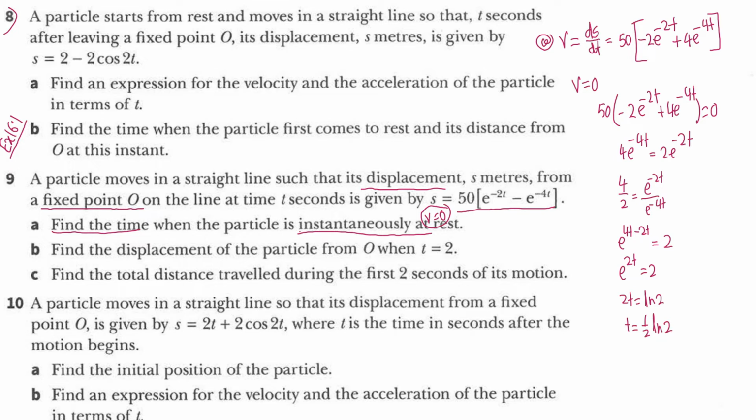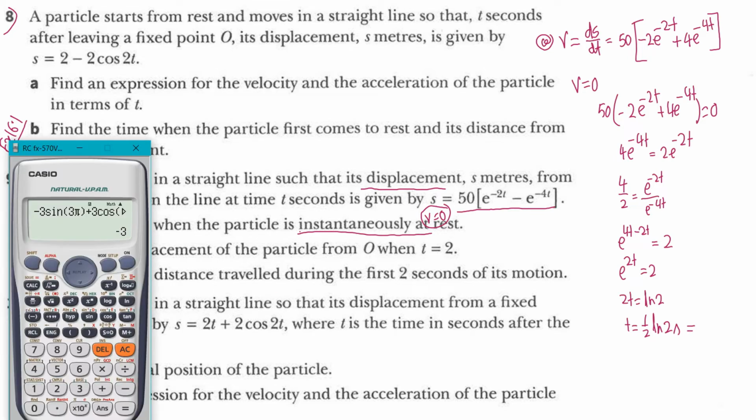This is our answer in exact form. The question is to find the time, so you can write it in decimal if you want. Let's see what the decimal value is. Press half, or 0.5 is the same, then ln 2.